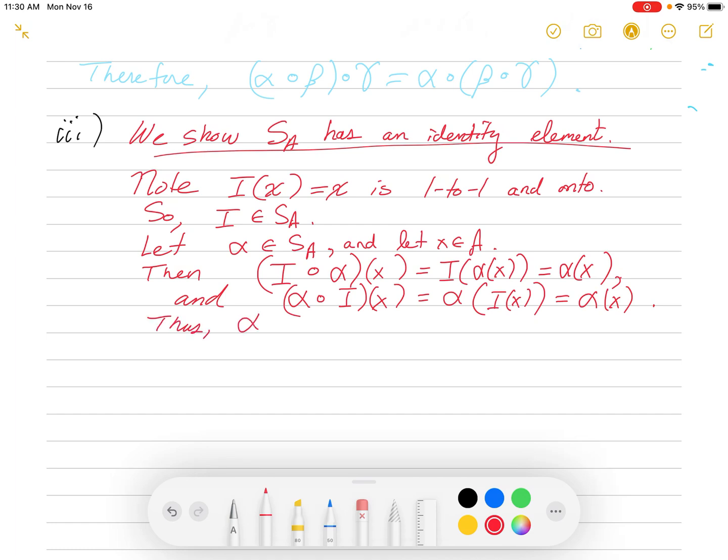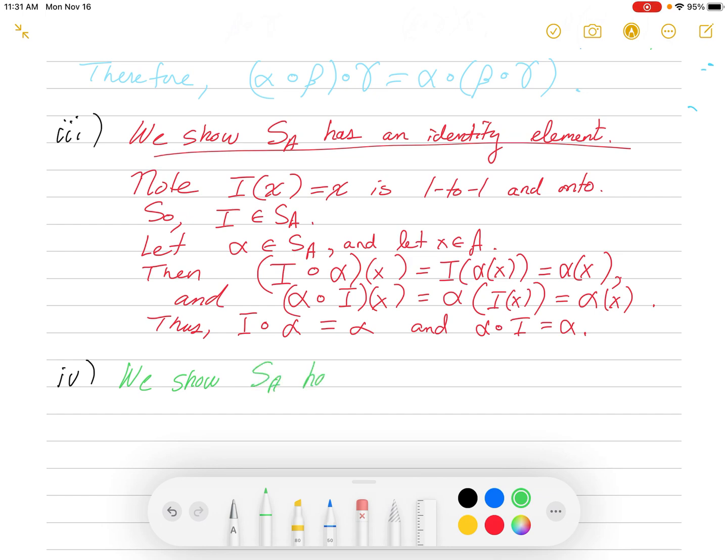So thus, I composed with alpha equals alpha, and alpha composed with I equals alpha. So you have to show that identity works on both sides, the left side and the right side, through functional composition. Okay, so we have the identity element. We want to show inverses.